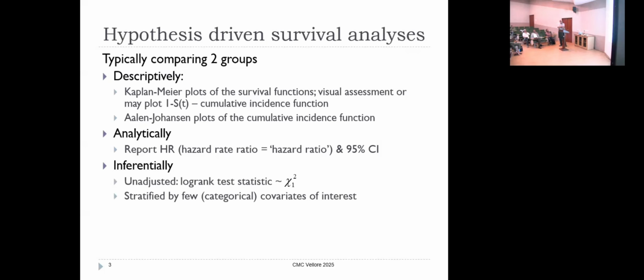So we will do the log rank test statistic, which will tell you how it comes from. And that's an unadjusted comparison of the two curves in their totality throughout the whole profile, as Dr. Jayasilan was saying.